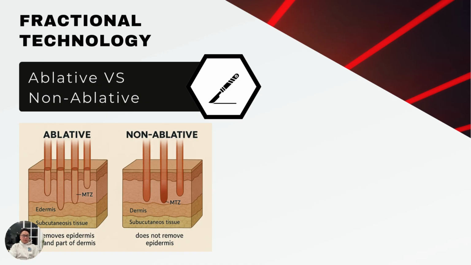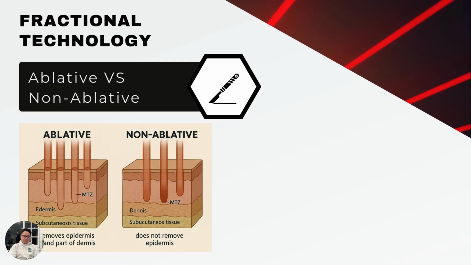Going back to ablative versus non-ablative, here is an illustration on the left showing ablative. You can see there are two parts. It's cutting through the epidermis, which is the top layer of the skin, and then we have the dermis, which is the second layer. So it cuts through the epidermis and then penetrates to the dermis.